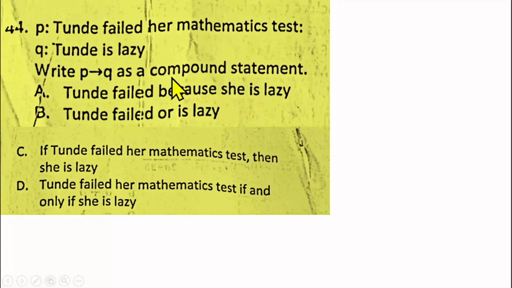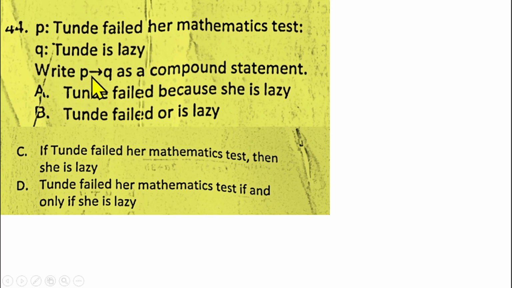Question 44 is from propositional logic. P represents the proposition that Tunde fails a mathematics test, and Q represents the proposition that Tunde is lazy.